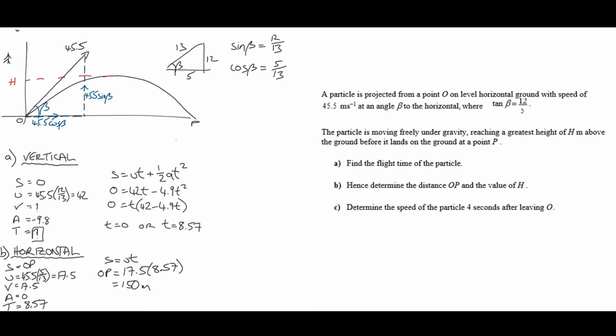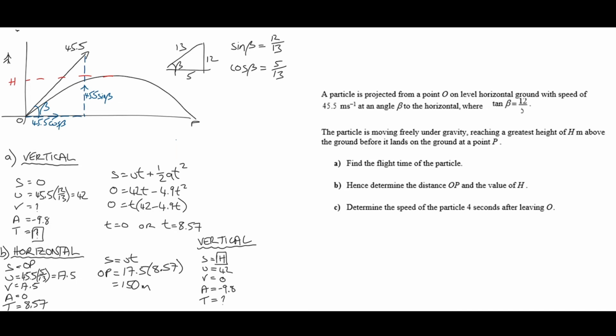Okay, let's now find h. To find h, we're going to be working vertically, so we'll collect some vertical variables. And we know that we want the final velocity, the final vertical velocity, to be 0. Okay, so collecting all of these, we're going to call this displacement h. That's what the question's asked for. Initial of 42, final of 0, negative 9.8, and an unknown time.